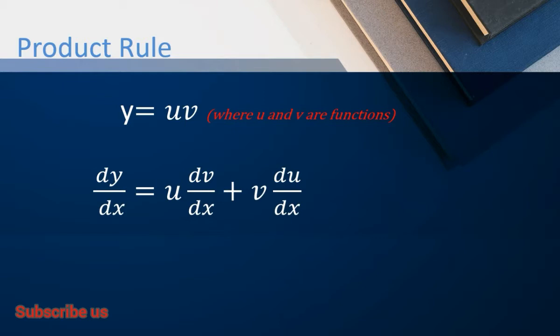Then for such a function, dy by dx: I take first u times the differentiated function of the other function v, without differentiating the other function, and plus v times the differentiated function of u.